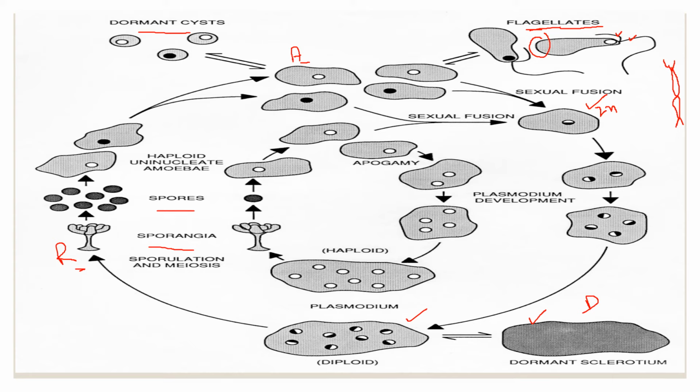Apart from that, there can also be haploid amoeba, that is, when this amoeba does not find any opposite gamete, then these amoeba-like structures develop by apogamy.